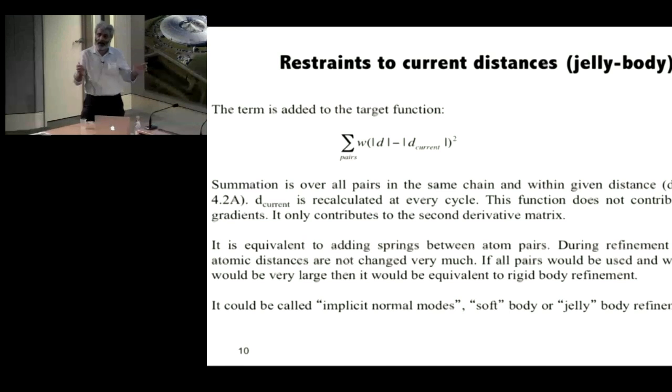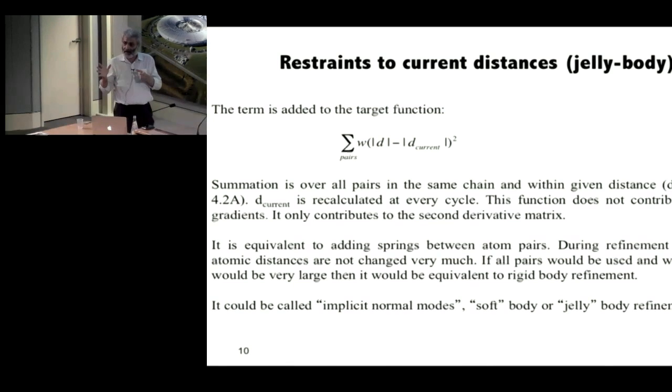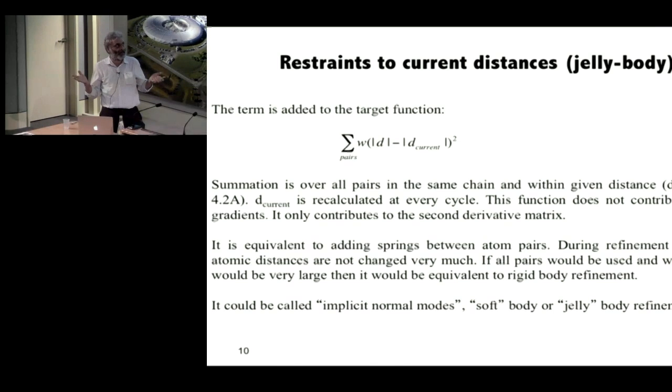All these tools are used because we do not have enough data. If we had enough data, then we would use only data to fit our models into the map. If we had 1 angstrom EM maps, at some point probably you will have, but not today, then you could just say you don't need any extra information. You could see each atom independently, but it's not possible. So we have a limited amount of data.